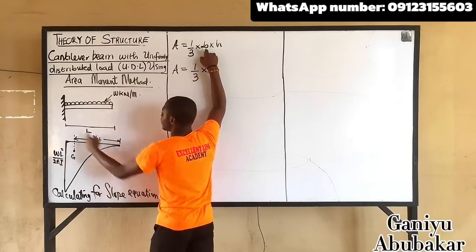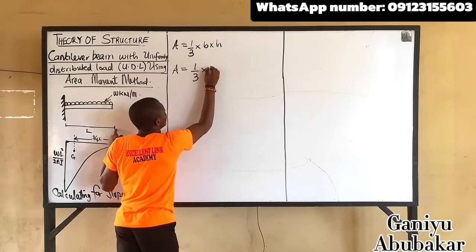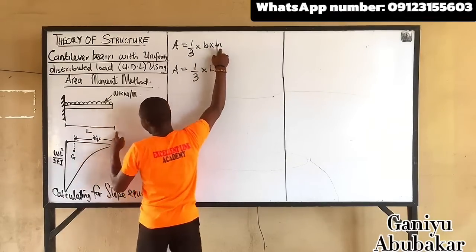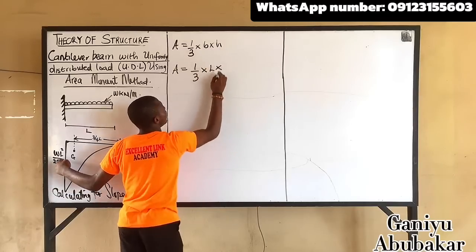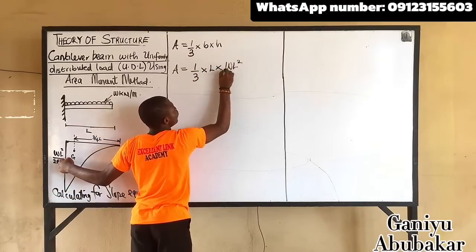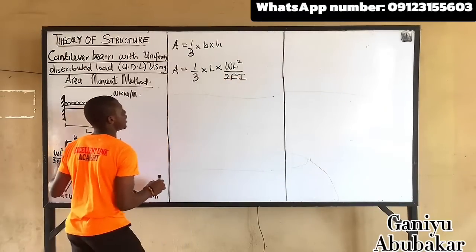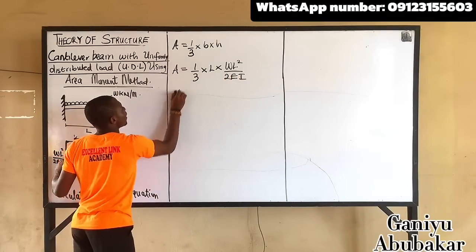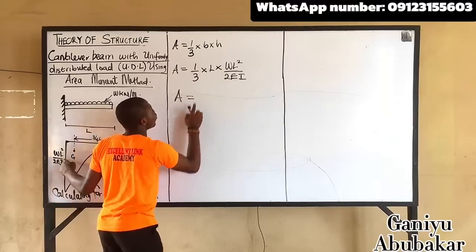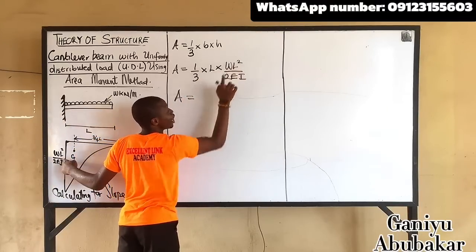So my slope, which is A, is equal to 1 over 3 multiplied by my breadth. What's my breadth in this case? My entire length L is my breadth, multiplied by the height. My height here is WL squared over 2EI. If I multiply through, my slope A is equal to L times L squared, which is L cubed.